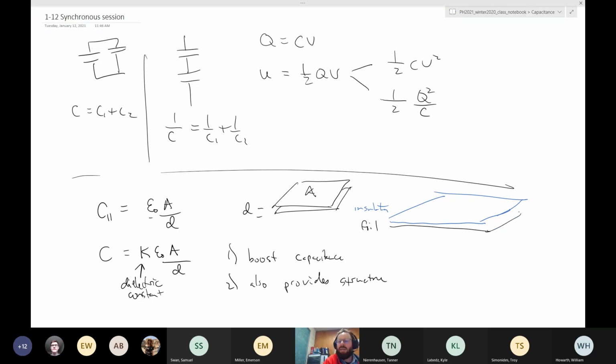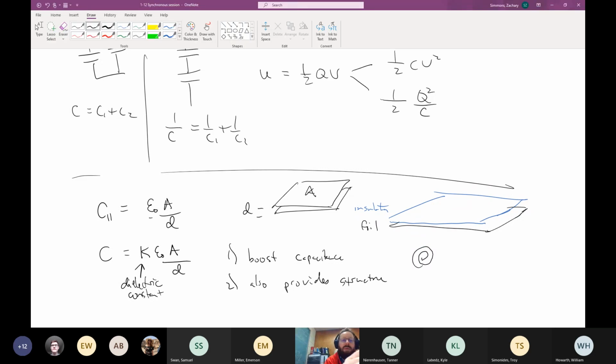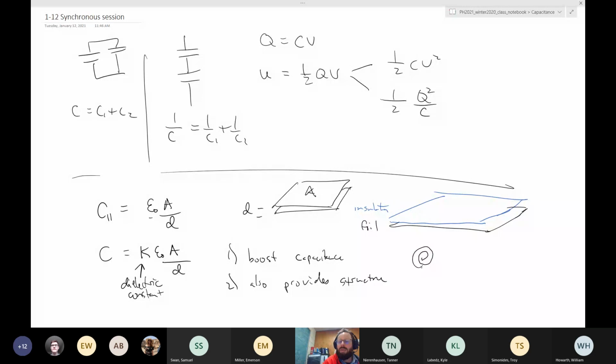You can make a package that takes up a lot less volume and is more robust, and it's just easier to work with. So imagine a roll where those things are rolled up together. This is not the only way that these are made. They're made a lot of different ways, but this is a good way to visualize it.